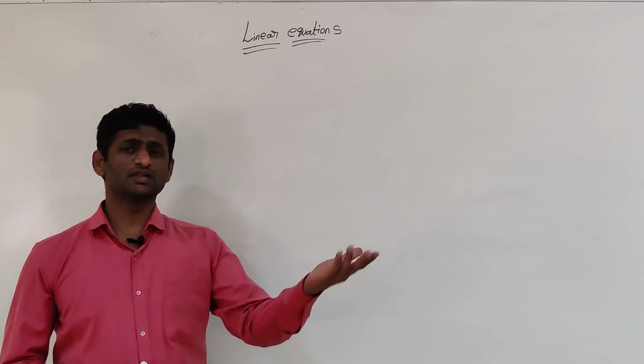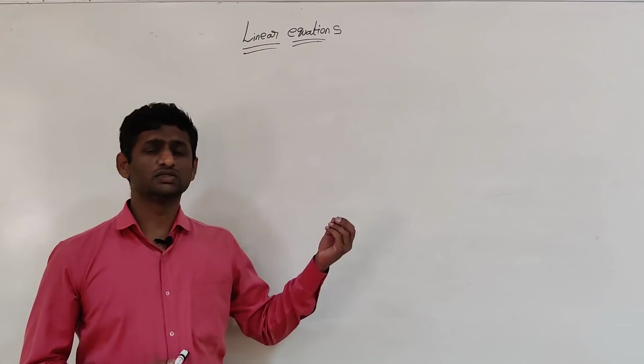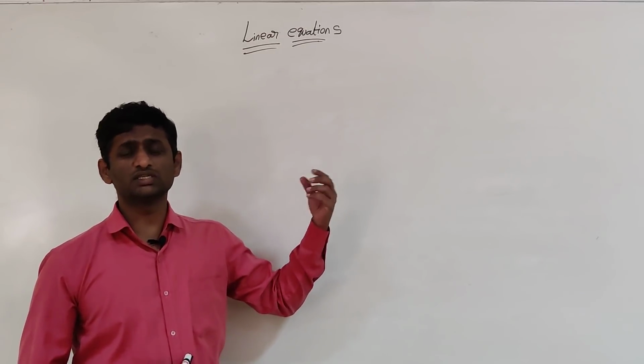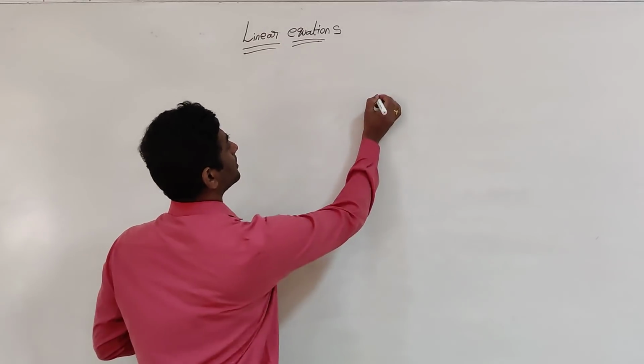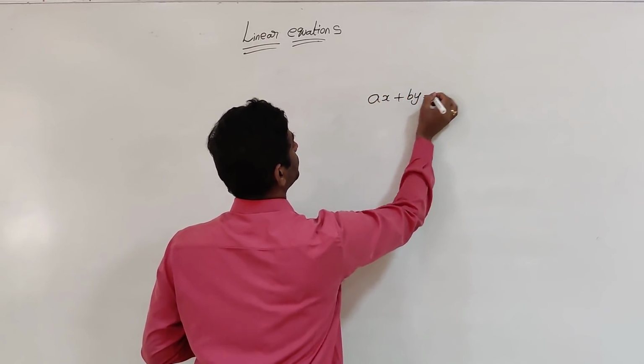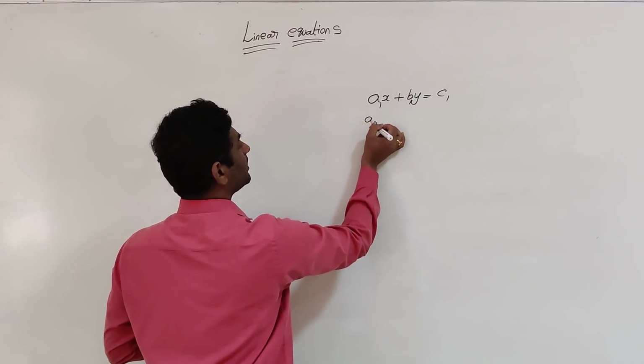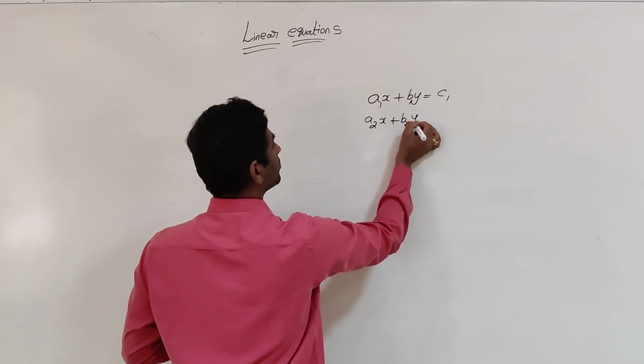In your 10th class or 9th class, you have learned how to find the solution for a system of two equations, like a1x plus b1y is equal to c1, and a2x plus b2y is equal to c2.